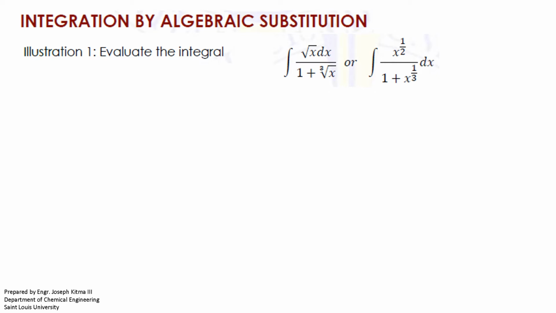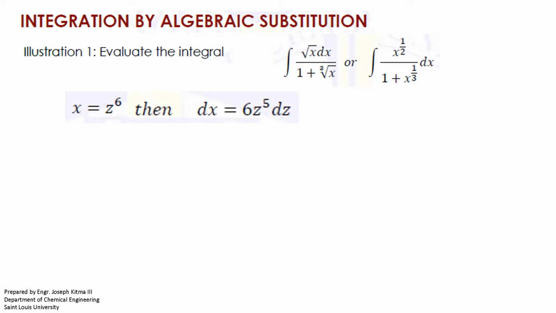So we make use of a substitution wherein we let x be equivalent to z raised to 6. z is the introduced variable for substitution, and 6 is the least common denominator of 1/2 and 1/3, which are the exponents of x in the integrand.